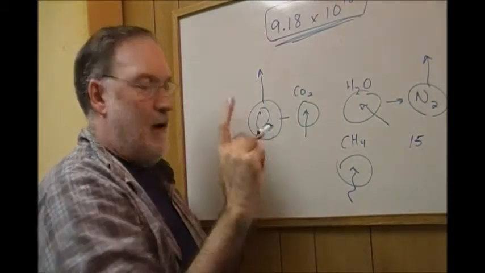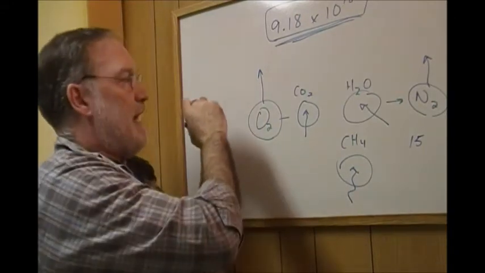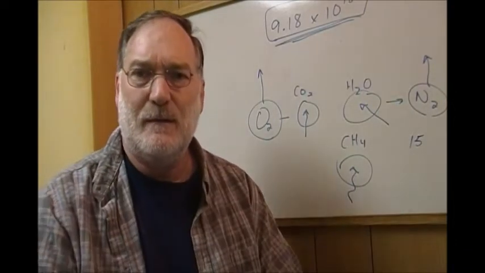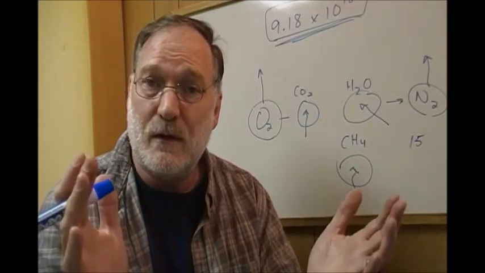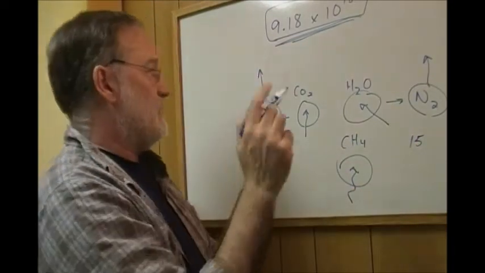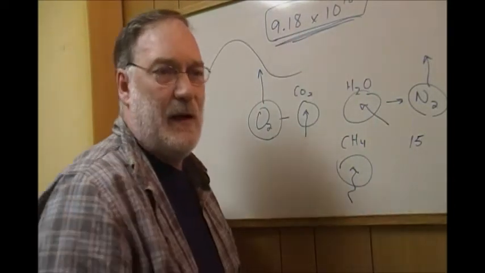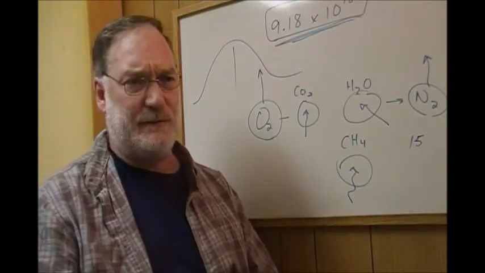As a matter of fact, all matter gives off thermal energy in what's called a black body pattern, and that black body pattern is centered on a wavelength that corresponds to the temperature of the molecule. So it'll give off radiation in a black body pattern with a peak wavelength that corresponds to the average temperature.